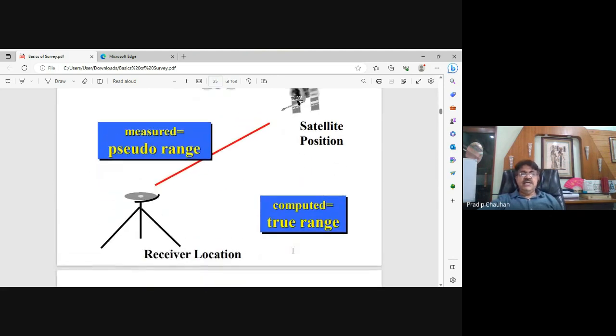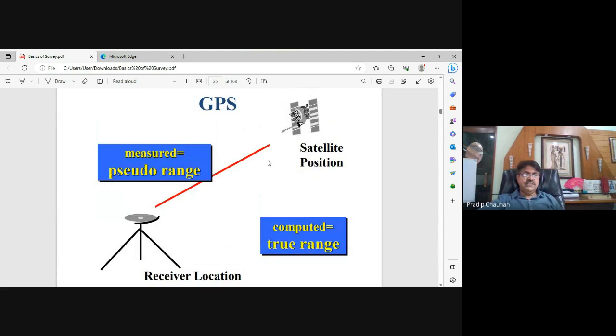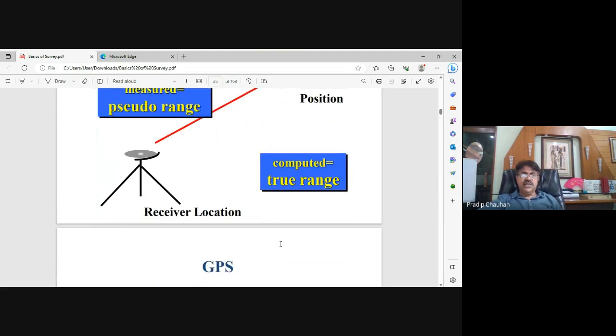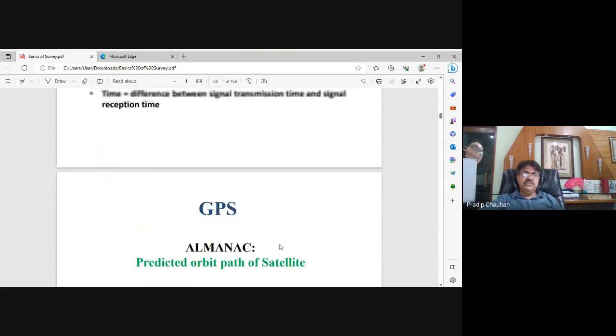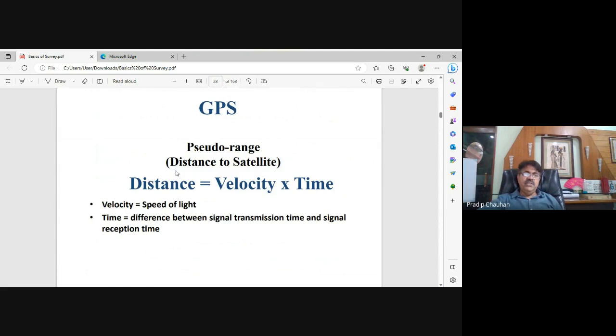So again, this is a satellite position, this is a pseudo range, and this is a computed range at the ground. We won't go much into that, but there are corrections due to pseudo range, because that signal comes at a velocity, and whatever the time in microseconds, if you multiply that, it gives you a distance.